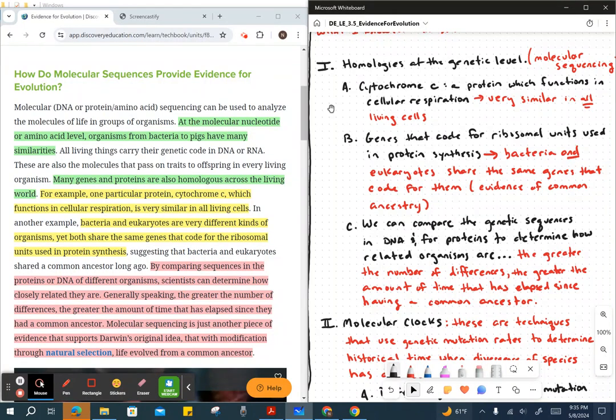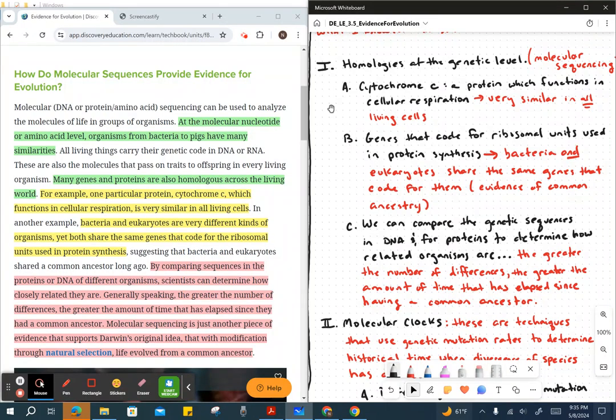So a couple examples that your text starts off to introduce this idea. They point out the protein cytochrome C. It's a protein which we have. In fact, most animals have a very similar protein, and it's all used for the same thing. It's all used for cellular respiration.